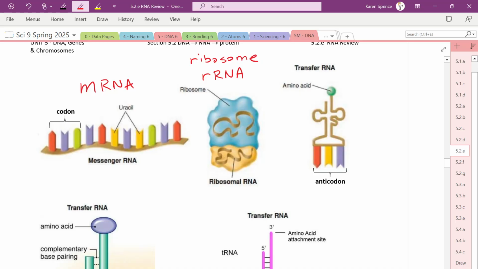You'll notice it actually has a shape that kind of looks like the letter T, which is one of the reasons it's named tRNA. The other reason is because it's called transfer RNA.